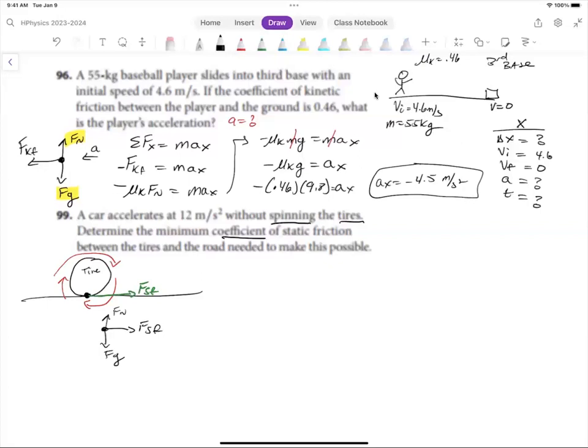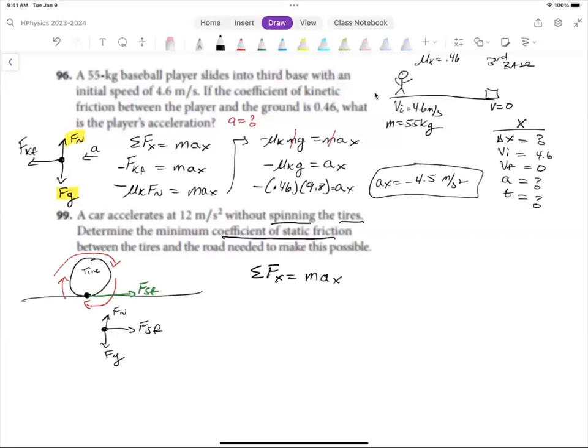Determine the minimum coefficient of static friction between the tires and the road to make this possible. So I've got to sum the forces in the x direction, which is equal to mass times acceleration in the x direction.